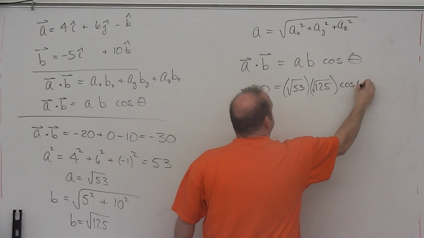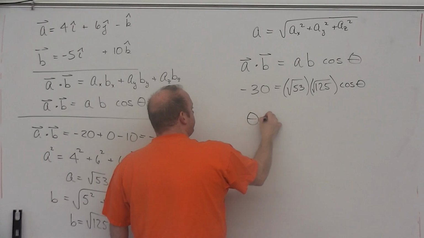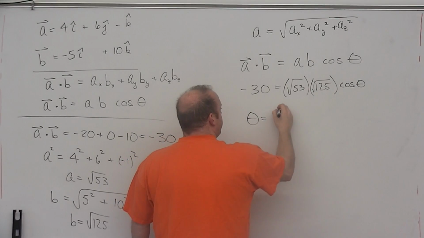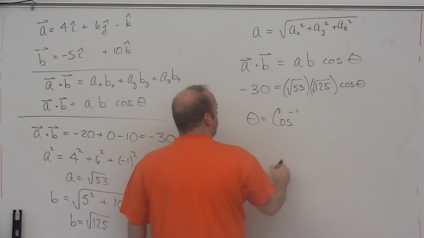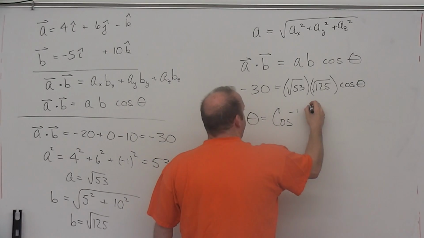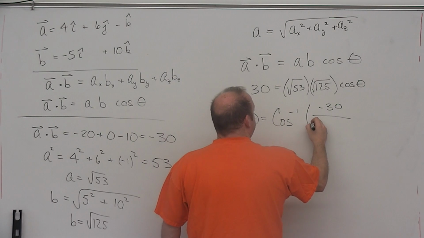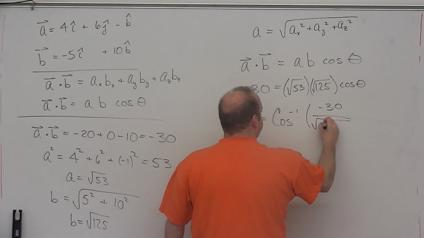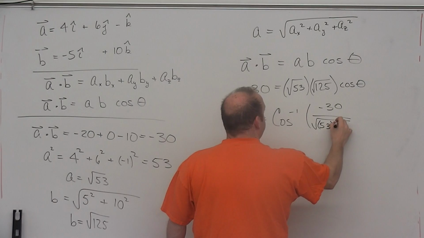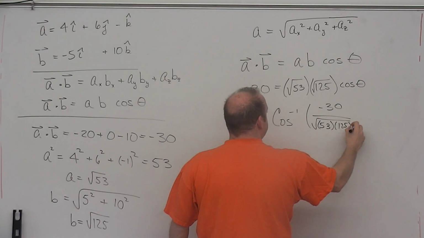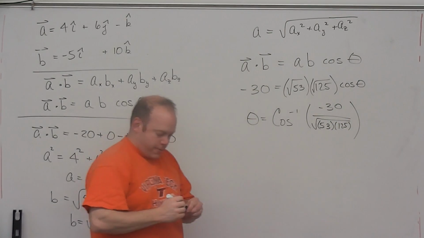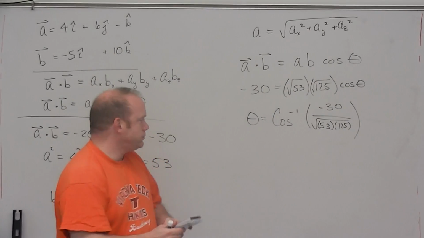times cosine theta. So theta is equal to the inverse cosine of negative 30 over the square root of 53 times 125. Plug that into a calculator.